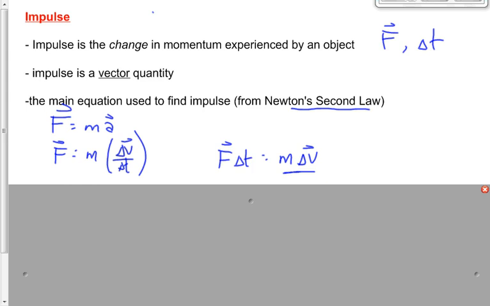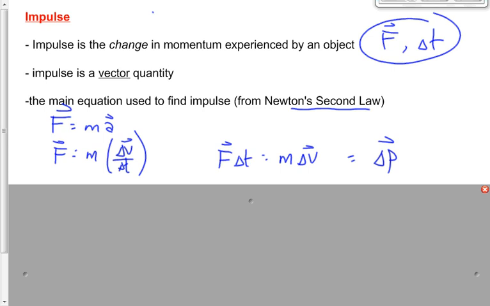Impulse. So m times delta v is impulse. It's delta p. But if m times delta v is impulse, then F times delta t must be impulse as well. Perfect. That takes us back to what you guys told me just 2 minutes ago. Two things that affect impulse or change in momentum, force and time.